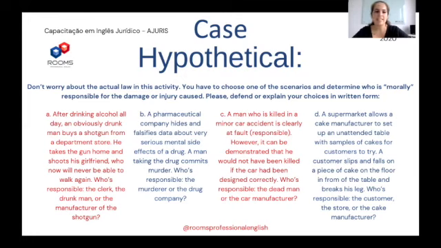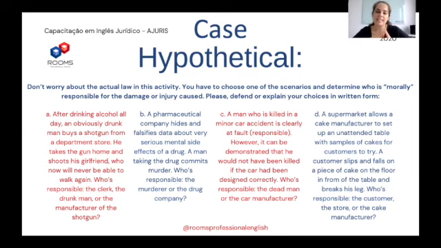So the 4 cases here are: letter A, after drinking alcohol all day, an obviously drunk man buys a shotgun from a department store. He takes the gun home and shoots his girlfriend, who now will never be able to walk again. Who is more morally responsible on this case? The clerk who sold him the gun, the drunk man, or the manufacturer of the shotgun?